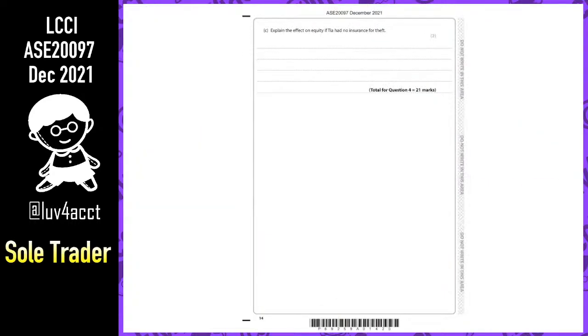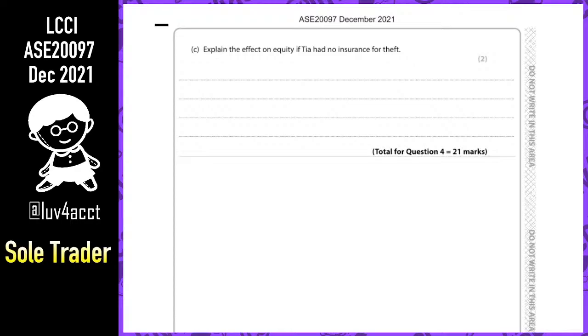Next, effect on equity if there is no insurance for theft. Okay, if there is no insurance for theft, you have 2 marks. That means the insurance company gives you a claim.